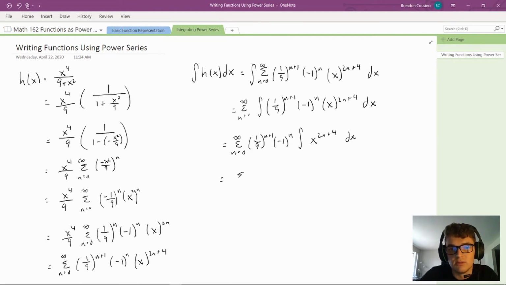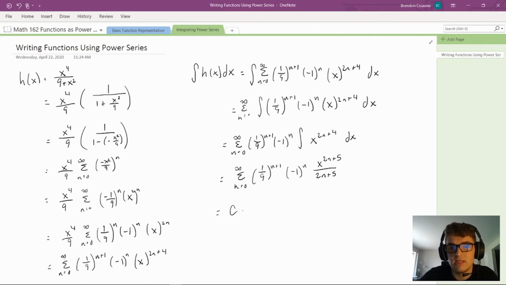So this is going to be the summation of 1 over 9 to the n plus 1 times negative 1 to the n, and if we raise the power by 1, it's x to the 2n plus 5, and then we divide by the new power. So we'll have x to the 2n plus 5 divided by 2n plus 5. And then we'll have to add a constant term on, but we'll do that outside.